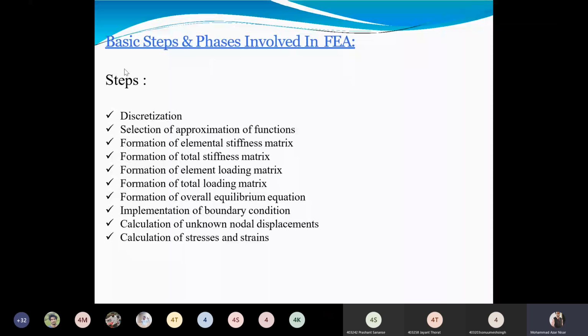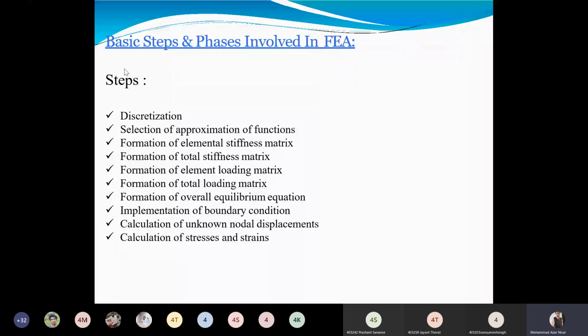It will vary with the 1D element, it will vary with the 2D element, and it also varies for a spring. Suppose it is a spring or a bar or trusses or a beam element. Depending upon that, the formulation of the stiffness matrix will change.